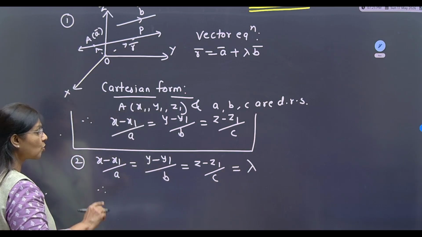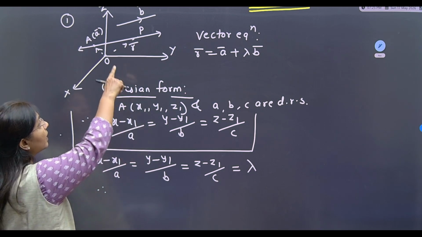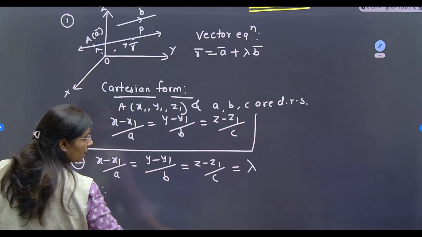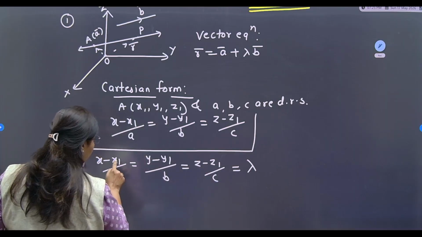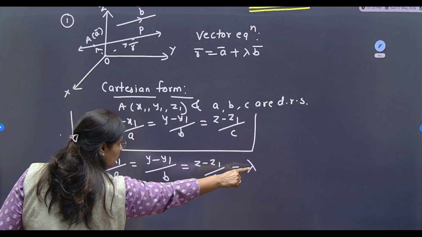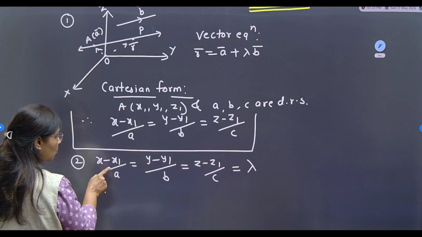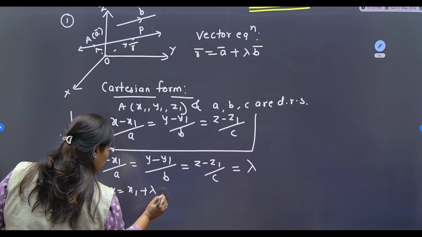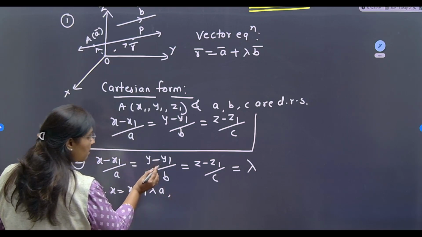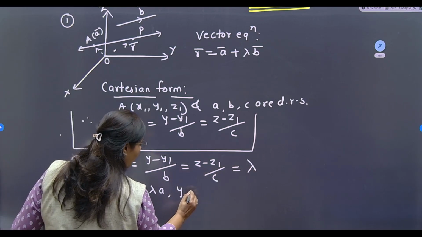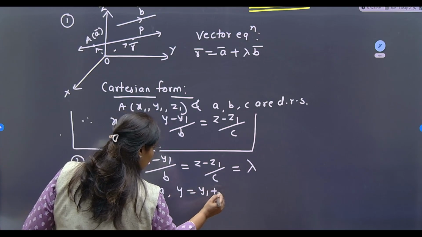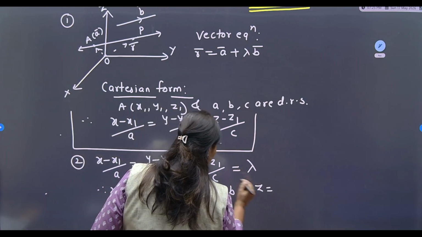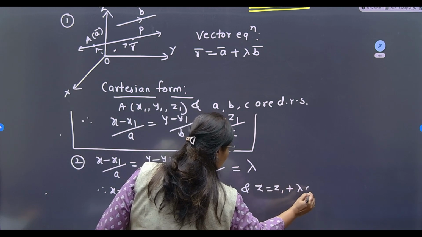Therefore x equals x1 plus lambda a, y equals y1 plus lambda b, and z equals z1 plus lambda c.